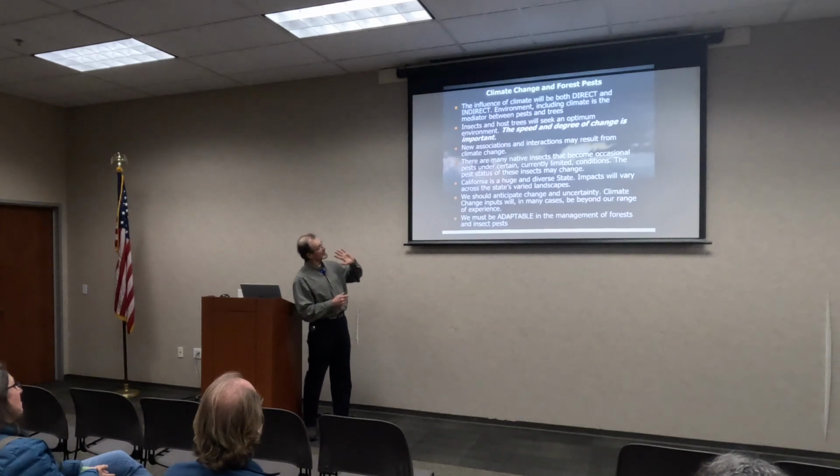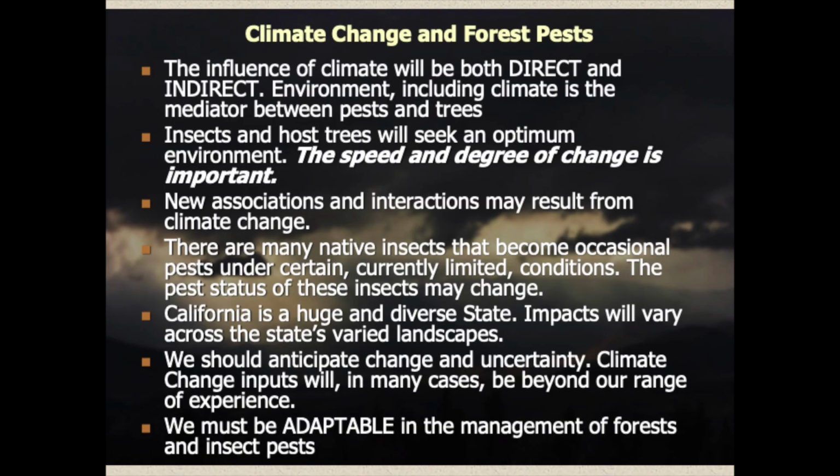In terms of pests, we assume that new things are going to happen. We also probably assume that some native pests, even though they're not considered to be very serious, may become worse. California is a huge state, so we're not going to see things happening uniformly across the state. It's going to be a whole suite of different effects.